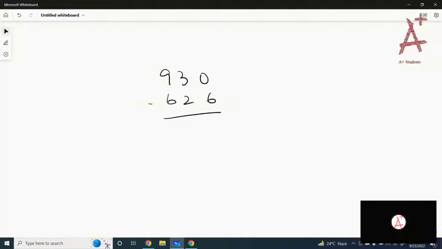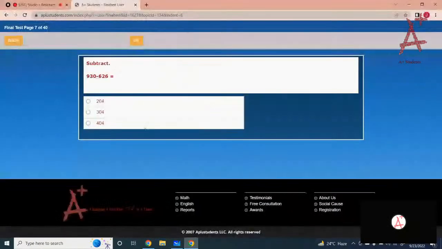No, because 0 is the smaller one. We cannot subtract a greater number out of the smaller one. So you have to borrow 1 from here. So here you are left with 2, and the borrowed one makes it 10. So 10 subtract 6 is 4. 2 subtract 2 is 0, and 9 subtract 6 is 3. So it is 304. Got it? So select the correct option and click on the OK button.